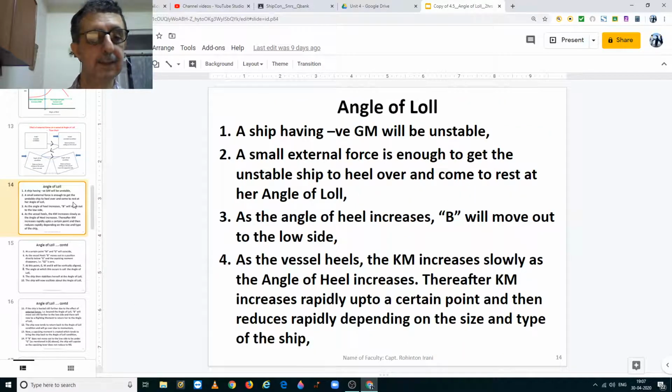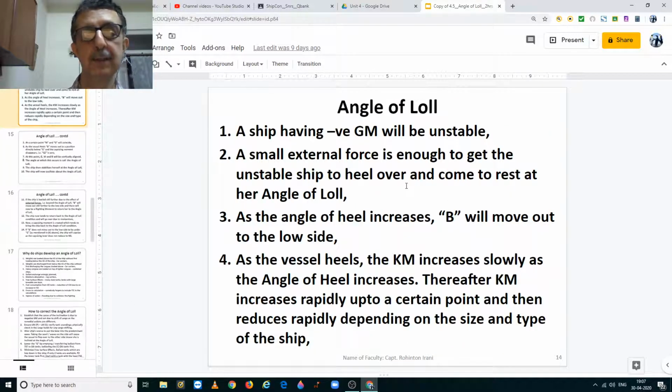So let's just run through this. A ship having a negative GM will be unstable in the very first case. Then thereafter, all you need is a small external force to get the ship to heel over and come to a rest at the angle of Loll. As the angle of heel increases, the center of buoyancy moves out to the low side.